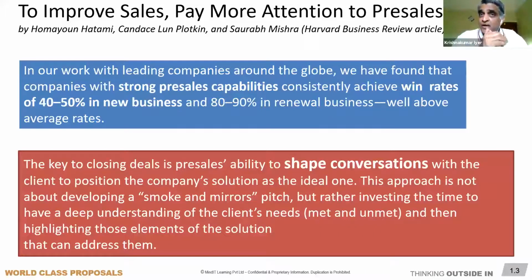And with the existing clients, it can even go up to 80 to 90%. So clearly, in a complex B2B world where the issues the client is solving are by nature complex, and the solutions offered are equally complex, you want very strong pre-sales capabilities to work with the sales organization to convert them into wins for your organization.